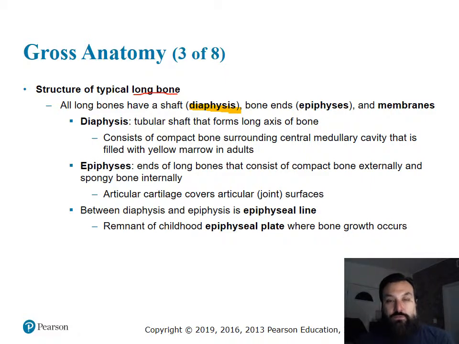That's the shaft portion of the bone. And the end of the bone is called the epiphysis. Actually there are two ends to the bone. These are both called epiphysis. The diaphysis is right in the middle. That's the shaft.